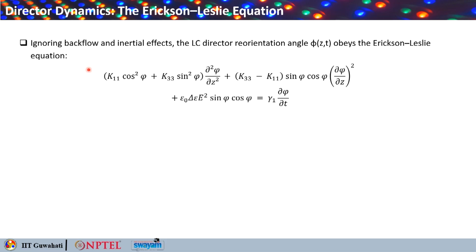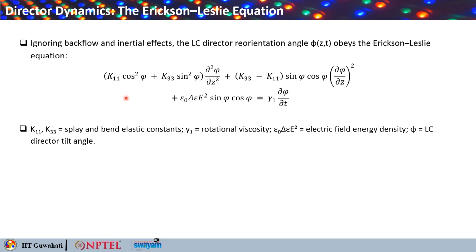Here we are ignoring the backflow and the inertial effects, and we are considering that the liquid crystal director orientation angle, this phi, is a function of z and t, and it obeys the Ericksen-Leslie equation we have just described.